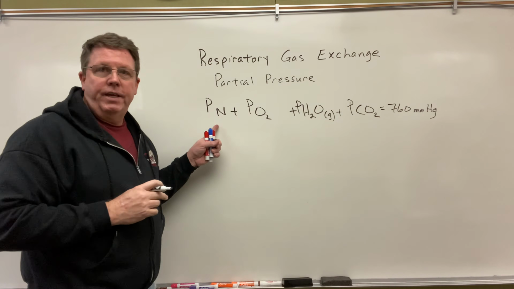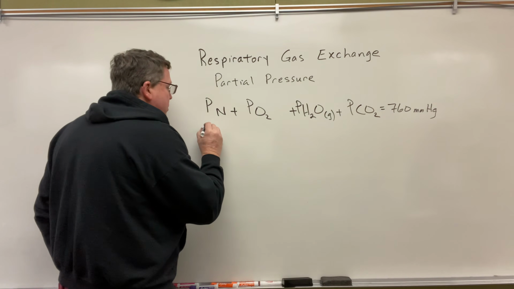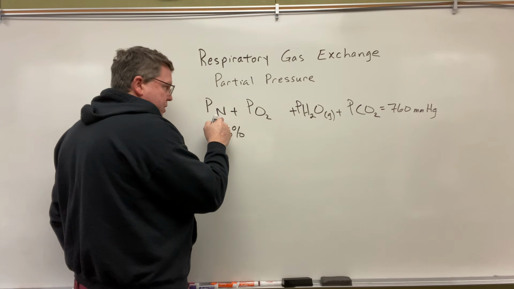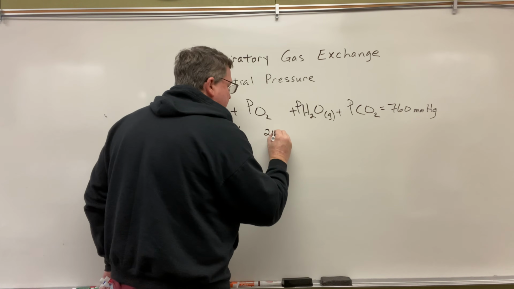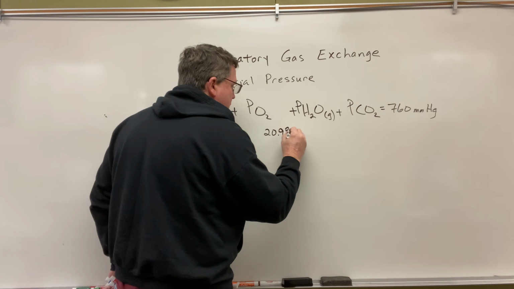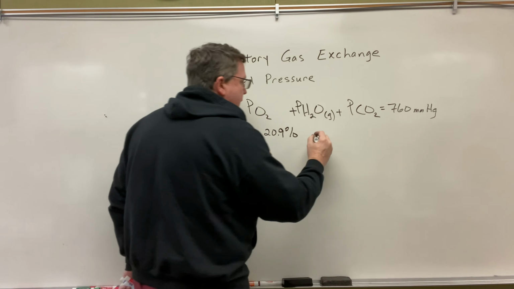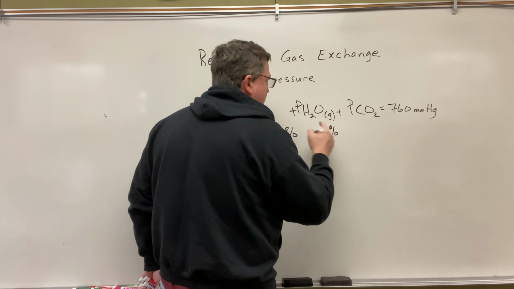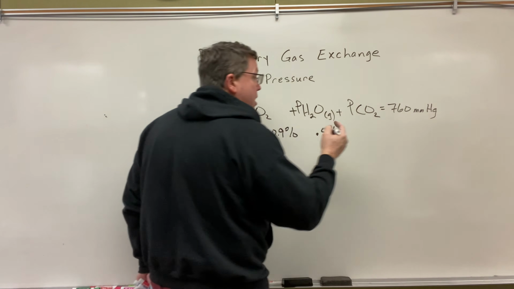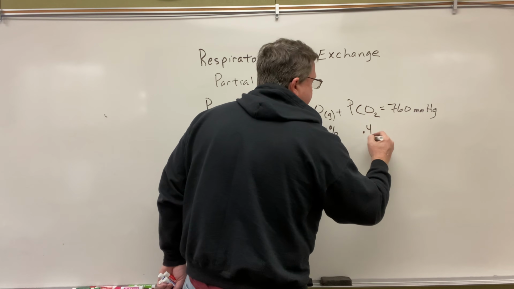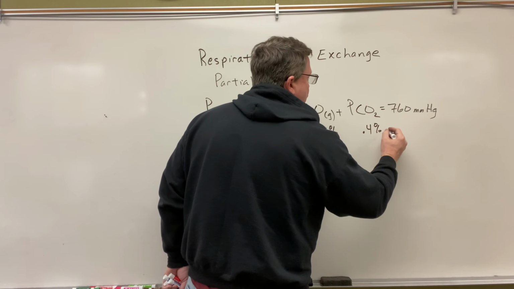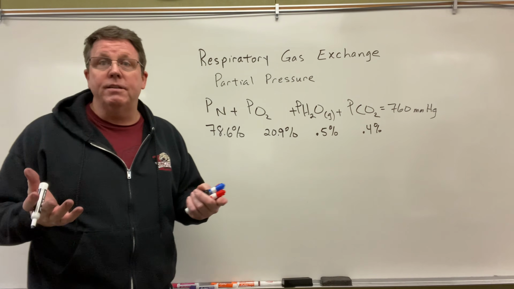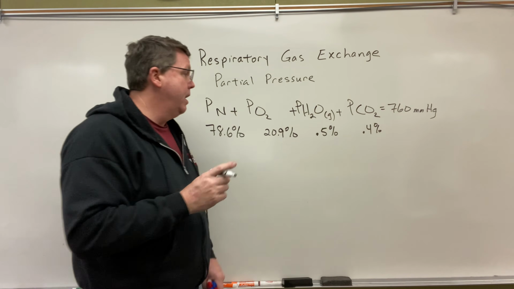Our atmosphere is basically about 78.6% nitrogen, 20.9% oxygen, and water gas makes up about 0.5%. Carbon dioxide doesn't even make up that much, about 0.4%. So you can see carbon dioxide and water make up less than 1% of our atmosphere, right?